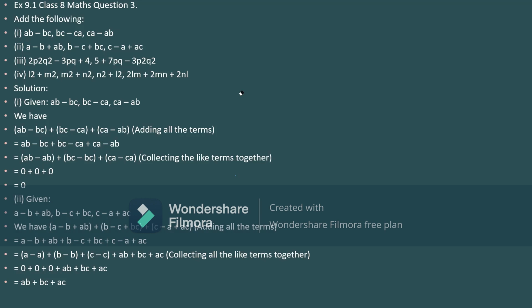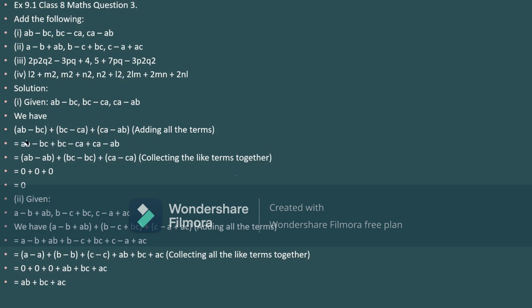So sorry for the background noise. As it's given here, we can take (AB minus BC) whole plus (BC plus CA) whole plus (CA minus AB). So you can regroup it like this.